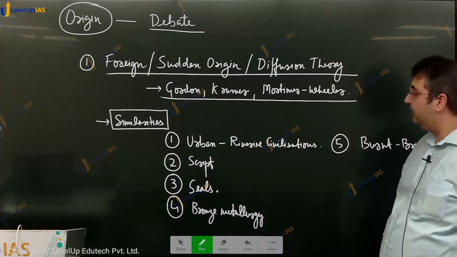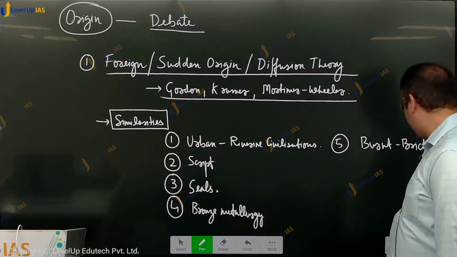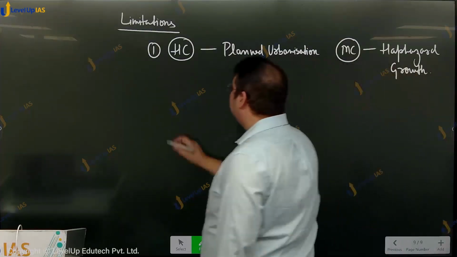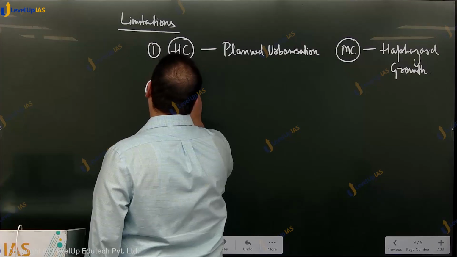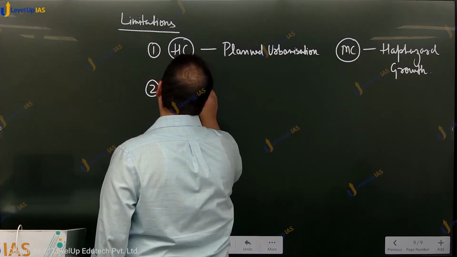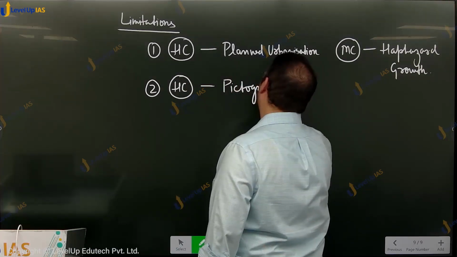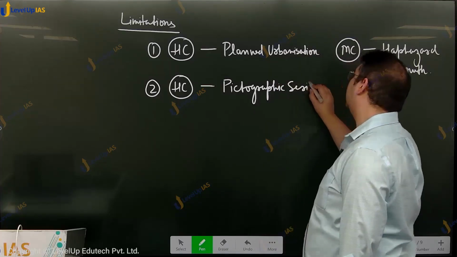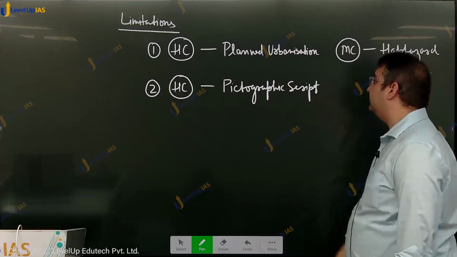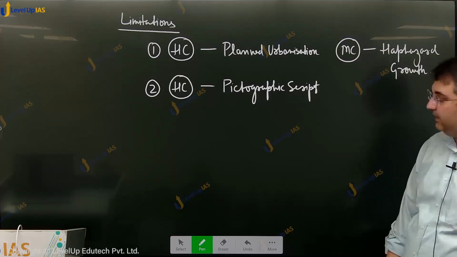Secondly, while it is true that both used script, both had their script, these scripts were not the same. The Harappan civilization script was a pictographic script consisting of close to 400 symbols, right?